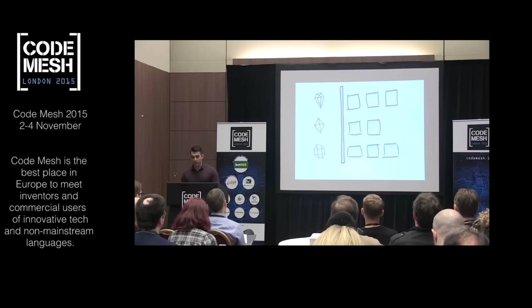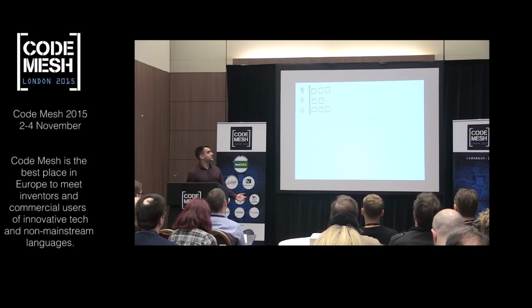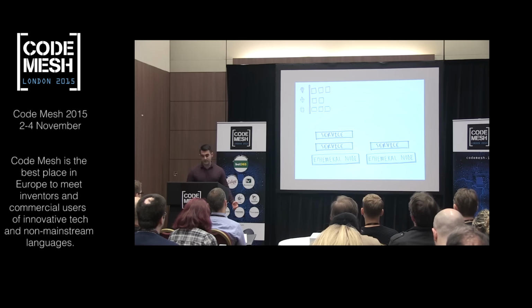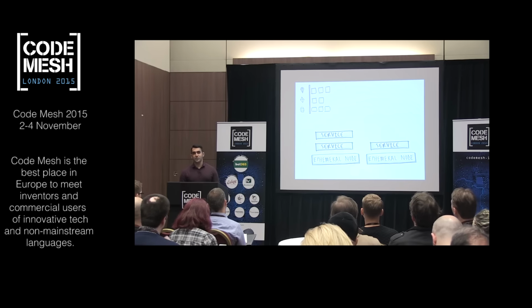So in the world where you define what good looks like, you might have some kind of ephemeral node with some kind of service running on it, maybe some other kind of service running on it, and then all of a sudden you want to run many ephemeral nodes with many services. But because it's the cloud, these ephemeral nodes aren't ephemeral because we've chosen them to be.